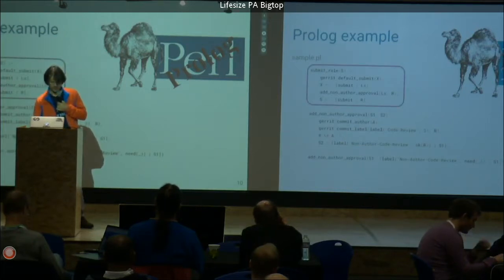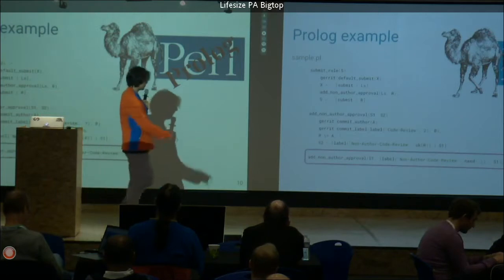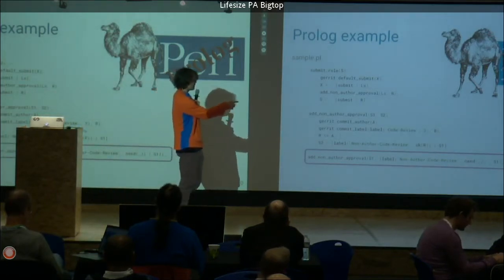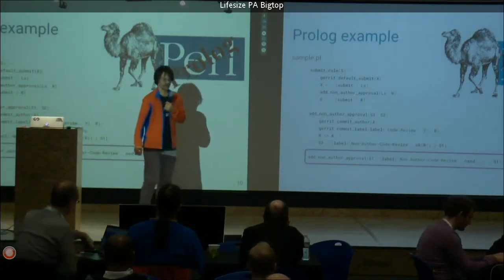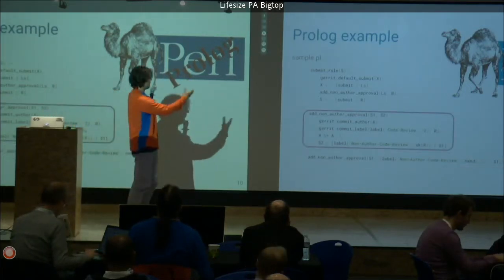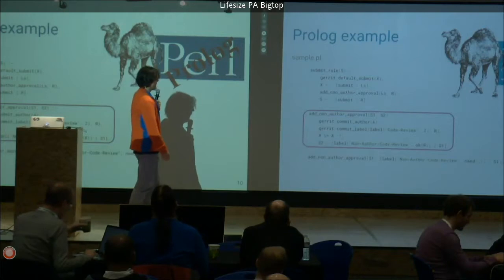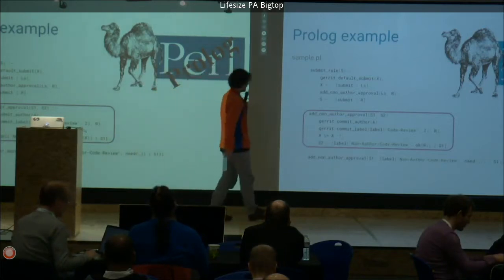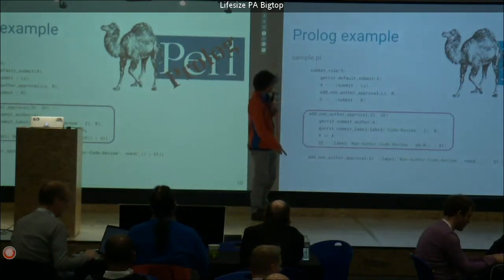Here is something. Part of this rule says you need a non-author code review in this case. And a non-author code review, well, what's this? That is defined in Prolog as this thing over here. And I think I partly understand what happens here.